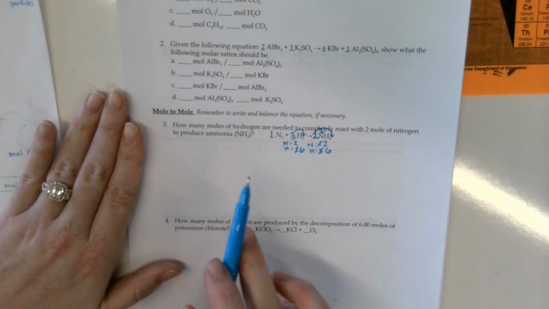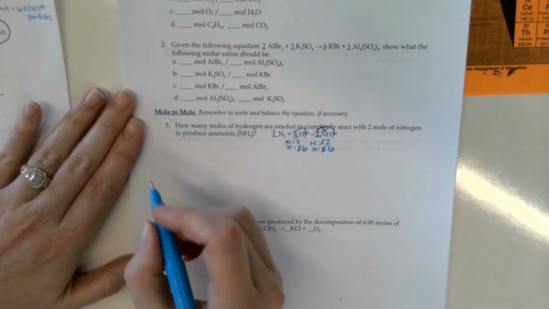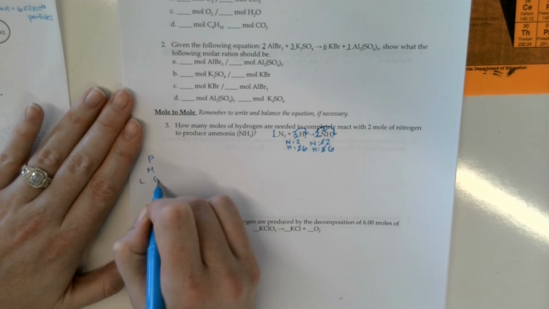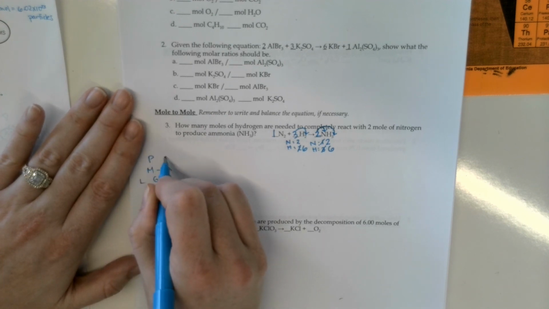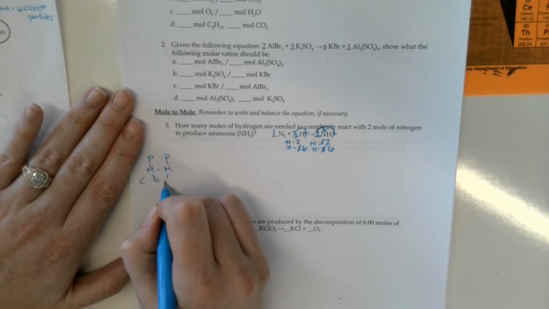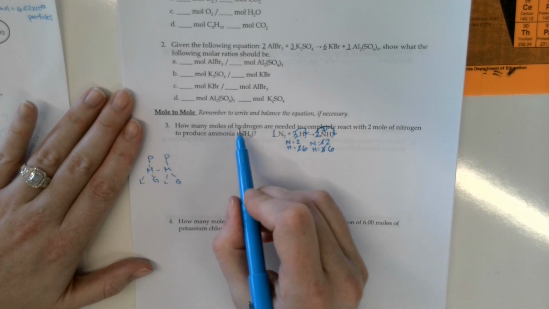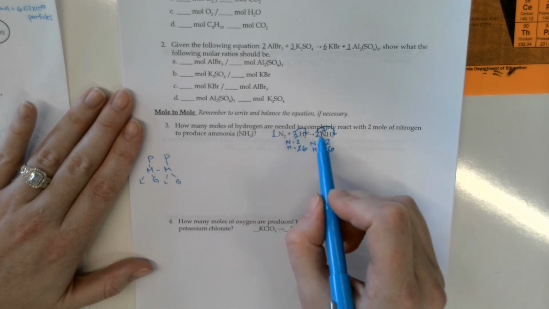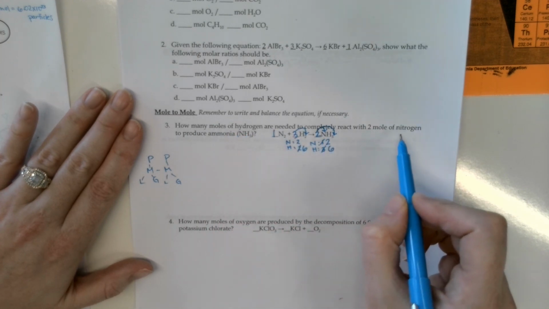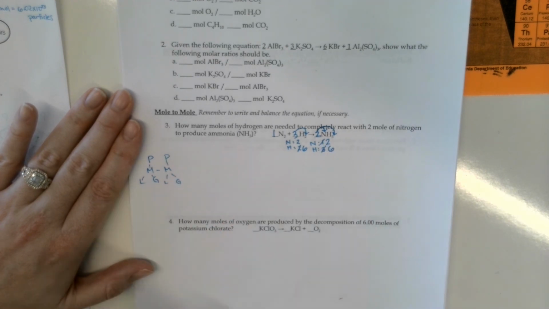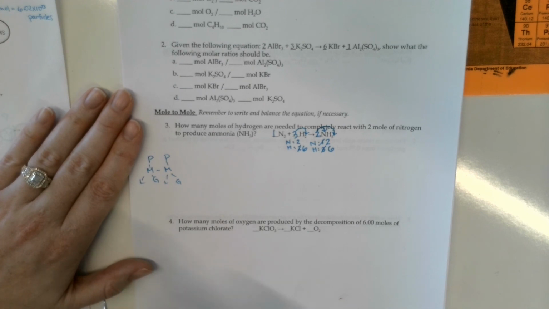Now, as for number 3, now is where we need to have our map out to the side. We are asked how many mole of hydrogen are needed to completely react with 2 mole of nitrogen to produce ammonia. All that we need from this problem is to know what is our known, what is our unknown.